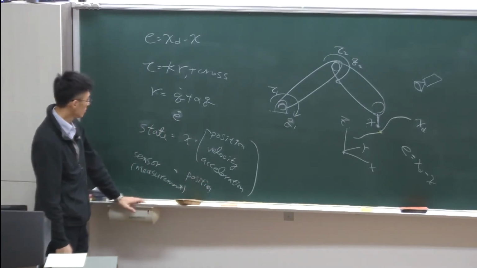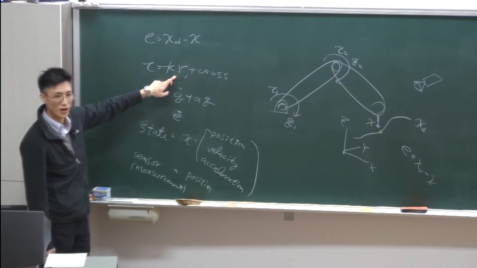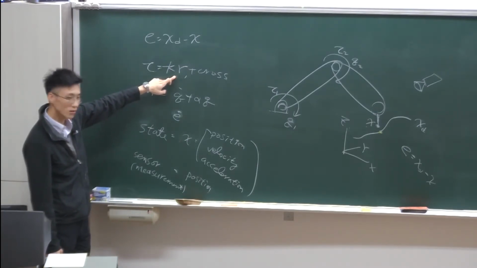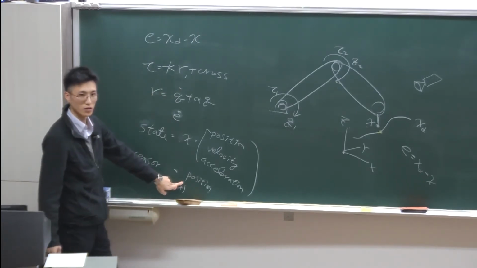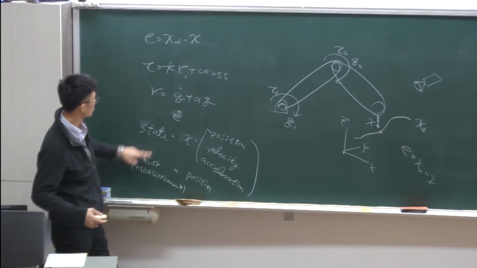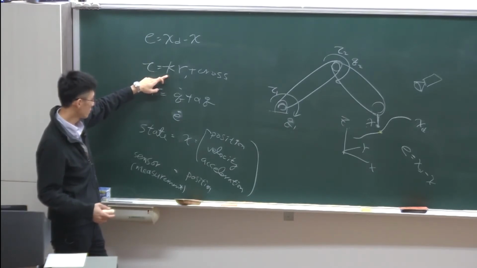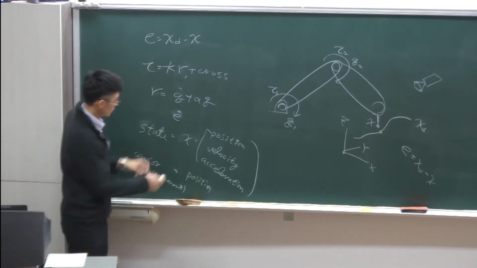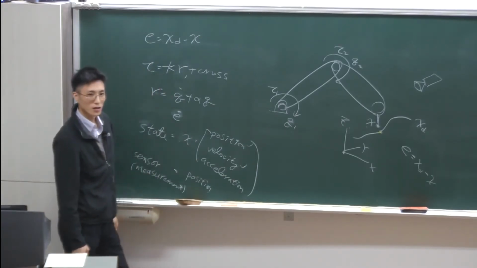But in your control, you require both position and velocity error, right? What you know is only the position error, so you cannot use the sensor information to do control. You need to somehow estimate not only position but also velocity.